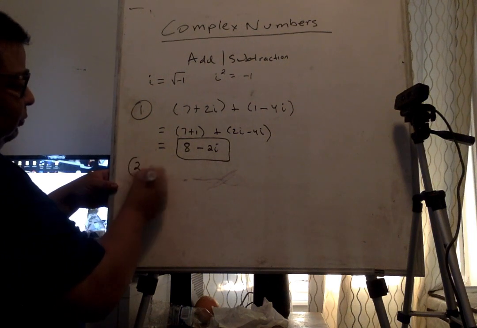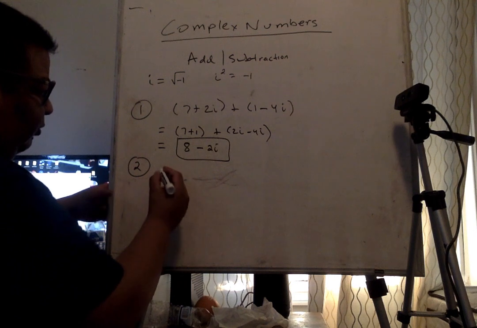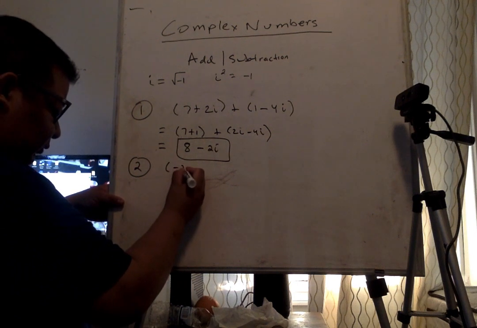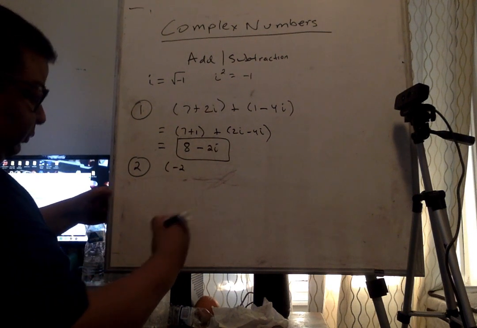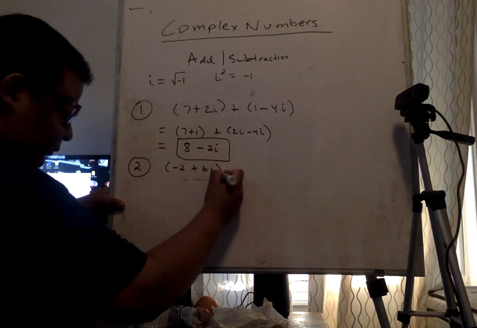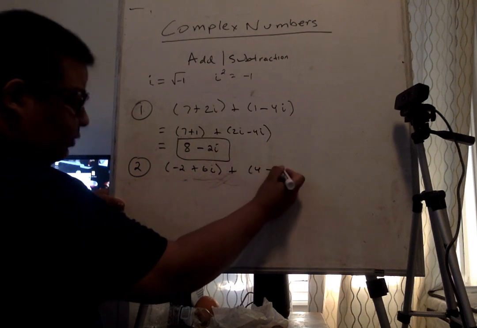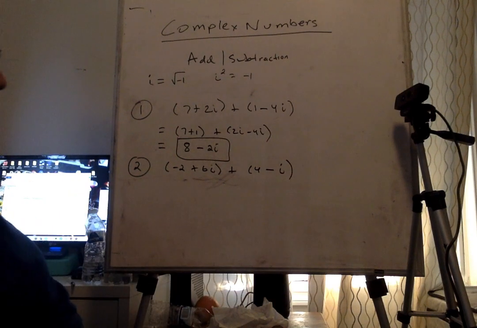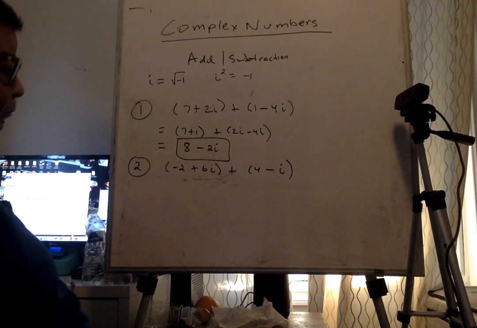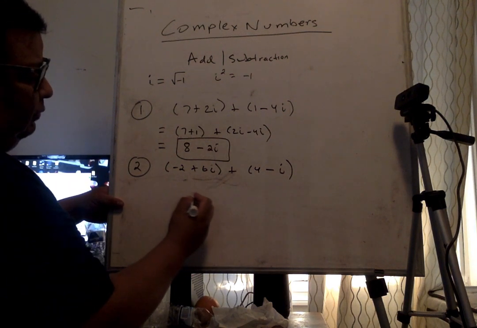Problem number 2, we're going to look at another addition problem first. That would be negative 2 plus 6i plus 4 minus i. We do the same type of problem, same type of solution.